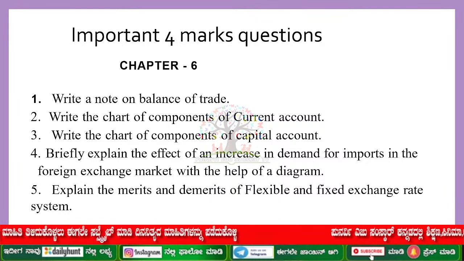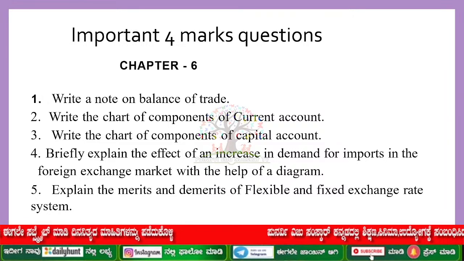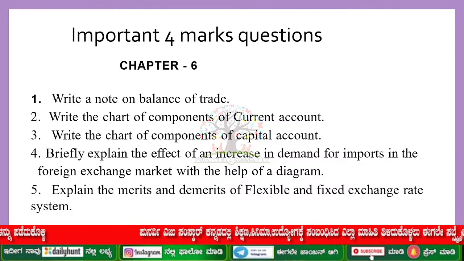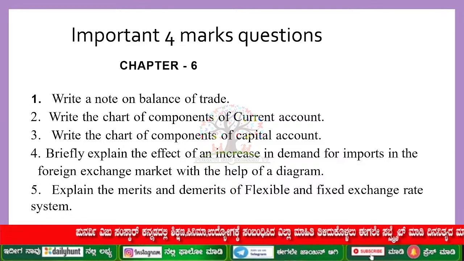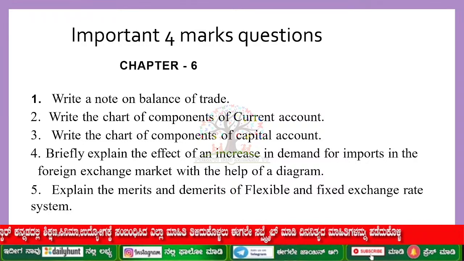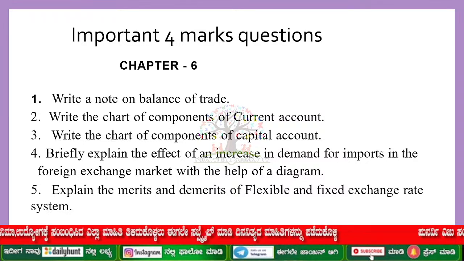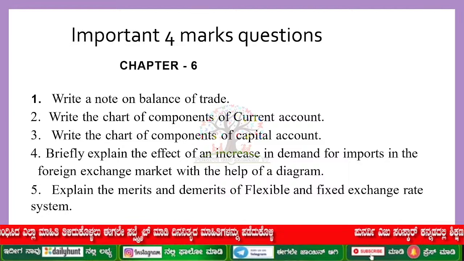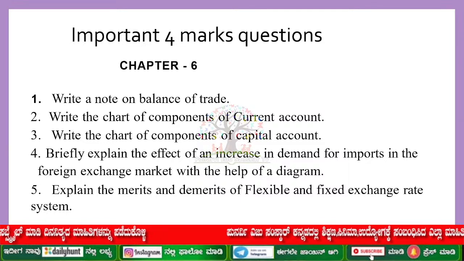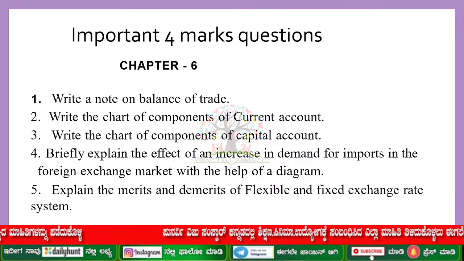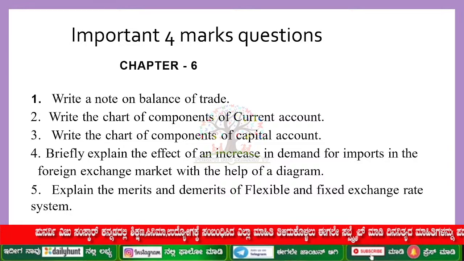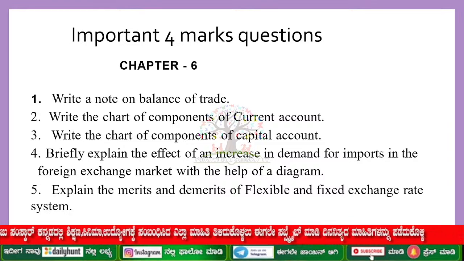And one more important question is the effect of an increase in demand for imports in the foreign exchange market with the help of a diagram, and explain merits and demerits of flexible and fixed exchange rate. So out of 5, 1 4-mark question you can expect from this chapter. Especially these 3 questions are very, very important, but still you have to prepare these 2.